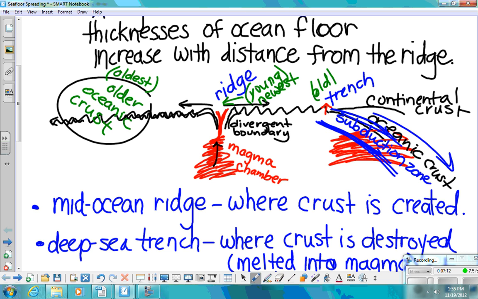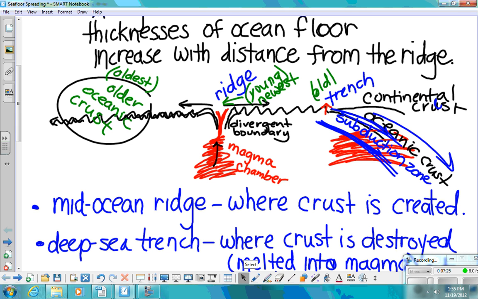Okay, so oceanic crust, because it's more dense, is going to sink when it comes in collision with continental crust. So we have our continental crust here, and our oceanic crust down here. And the oceanic crust is going to sink. And as it sinks, it's being pushed to lower layers of the earth, and it's going to hit the mantle and it's going to melt.